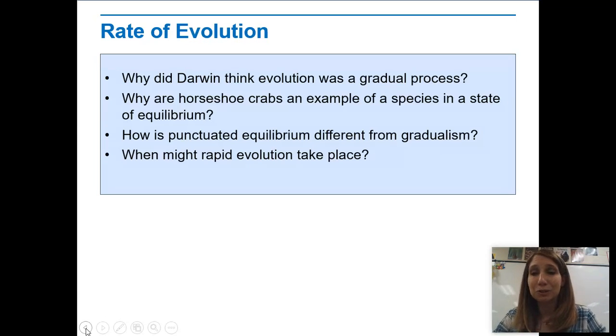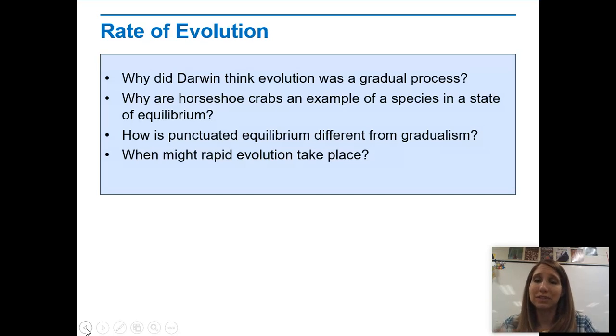And if you've ever seen a horseshoe crab, they really do look ancient. It looks like you're looking at some creature from way back in time, even though they're right here on the beaches in the United States down south, right? I mean, it's crazy. But we like to think of them as being in a state of equilibrium where they are changing a little bit, but those major body structures, what we use to identify them as a horseshoe crab, just aren't changing.